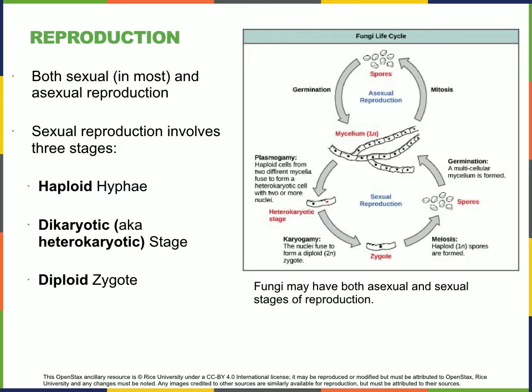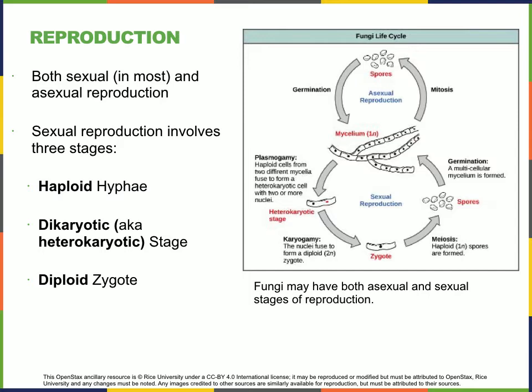Okay, fungal cells, just like plant and animal cells, can do asexual or sexual reproduction. In most fungi, we find both sexual and asexual reproduction. In both cases, the dispersing stage is usually very small airborne spores.